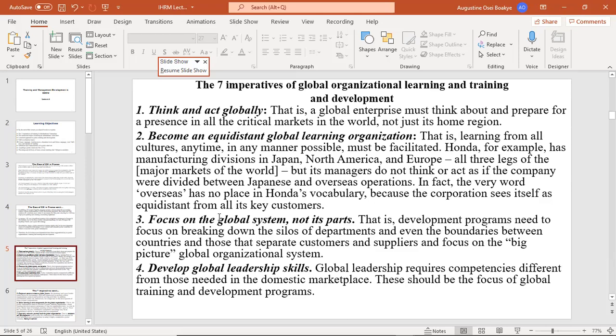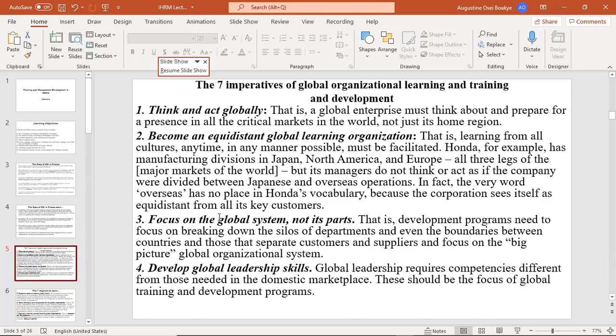So basically, we are trying to liken the global village analogy to, if you like, a system with interconnected parts. And as we all know, for a system to run effectively, you don't have to be placing premium or importance on some parts over the other, but equal premium must be given to every minute part that is functioning to keep the system whole.